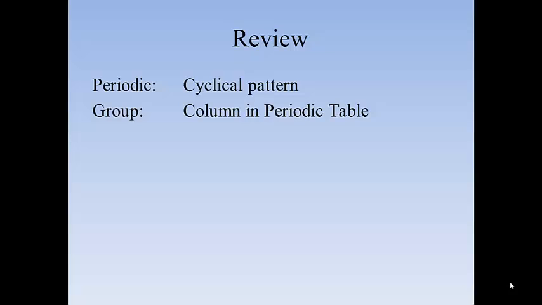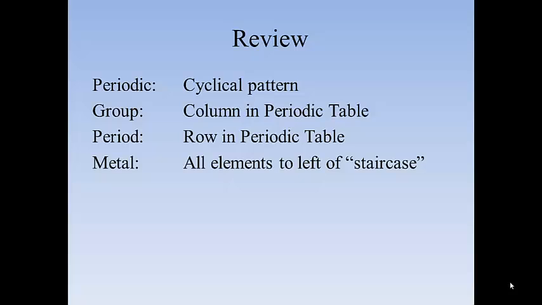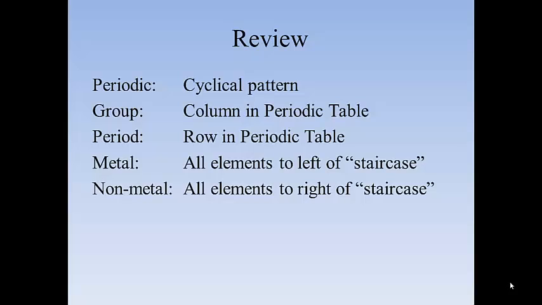So to review, something which is periodic is something that has a cyclical pattern. A group on the periodic table is a column. A period in the periodic table is a row. A metal is all elements to the left of the staircase. A non-metal are all elements to the right of the staircase.